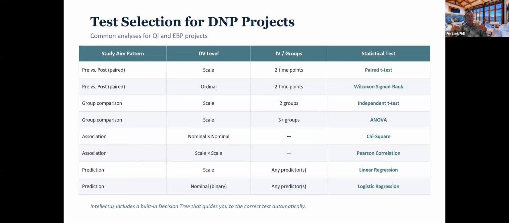Folks also talk about multiple linear regression, which just means a linear regression with more than one predictor. And then the other very common kind of regression is a binary logistic regression, or logistic regression. Again, it doesn't matter the kind of predictors you have in either of these, but the key is that the outcome variable is binary in nature: disease, no disease, yes, no, live, die, whatever. Okay. And we do have a decision tree built into Intellectus.